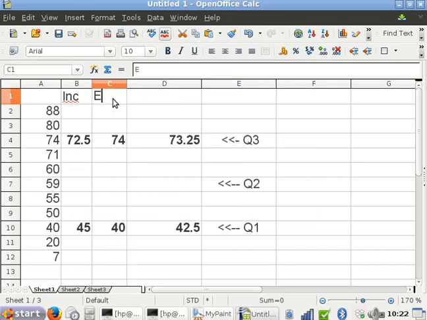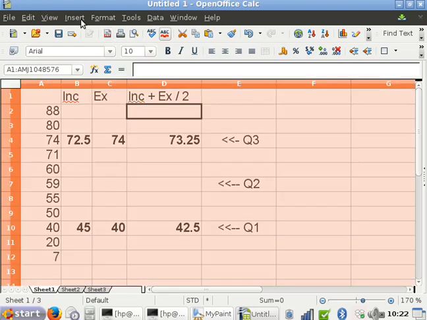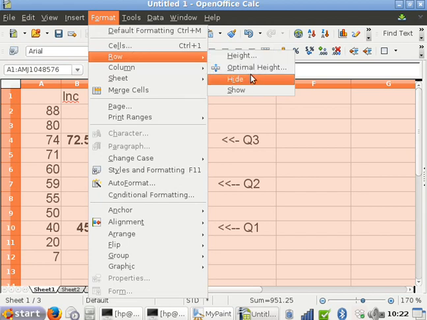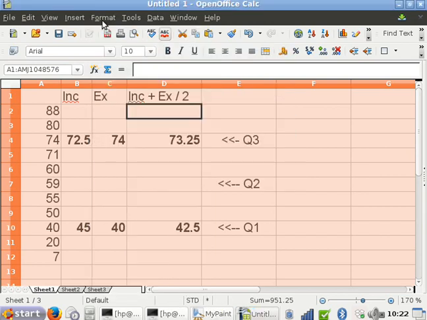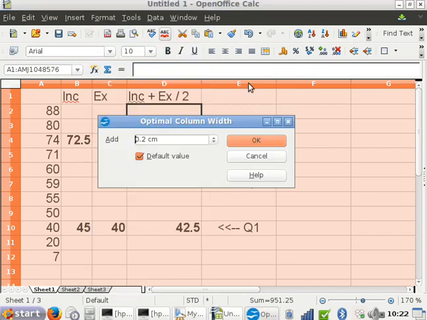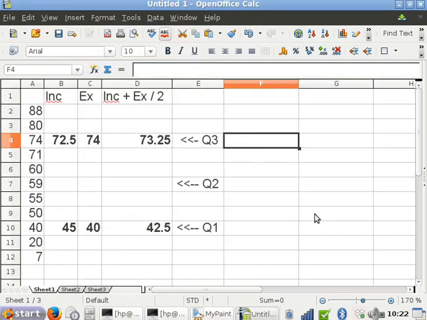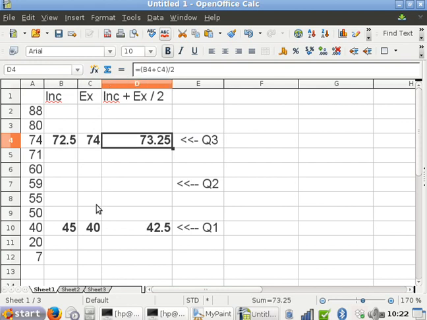This answer here we got when we excluded the median, and then this answer was include method plus exclude method divided by 2. Now notice how in the three methods our answers are not really that different. We have 72.5, 74 and 73.25.